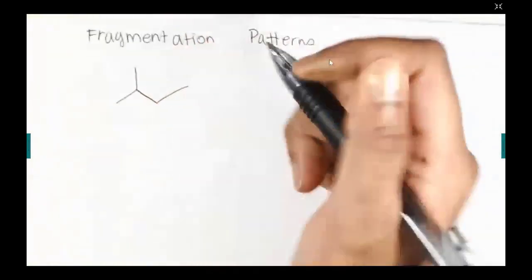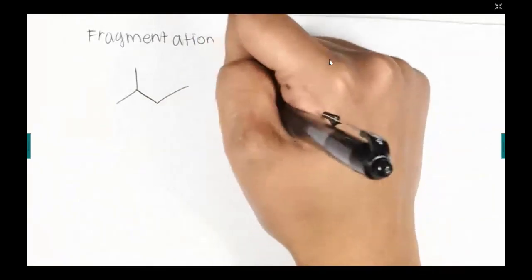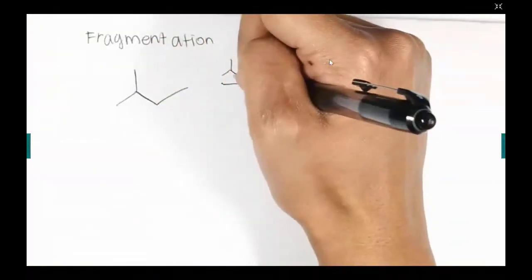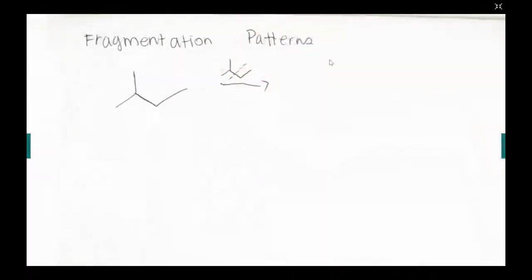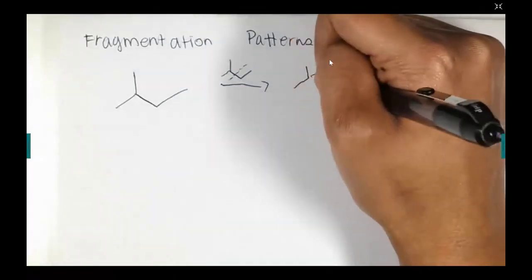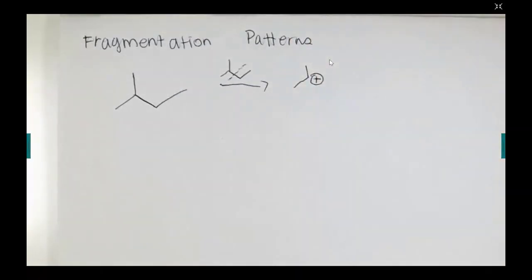You can just expect to cut anywhere on that hydrocarbon. The big thing is that you're going to be trying to find stable points where you could put a positive charge, right? Because whenever you cut in a mass spec, you're looking at the cations that form. The more abundant your peak, the more stable that cation is, right?